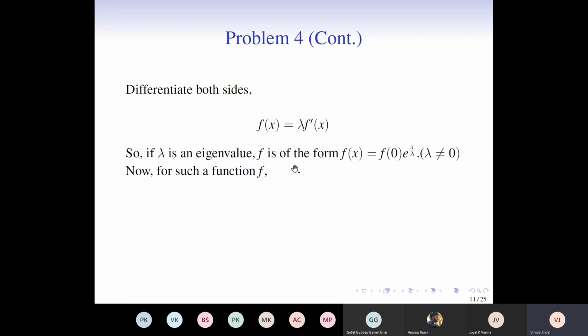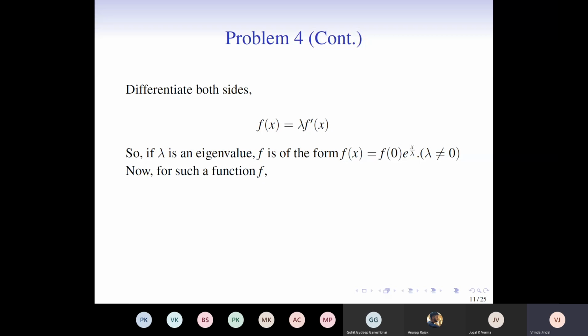This does not mean that lambda is indeed an eigenvalue. Why? Because when we differentiated both sides, we are reducing the information content of the equation. For example, say f of x is x plus 1 and g of x is x plus 2. You need to find a solution of f of x equal to g of x.